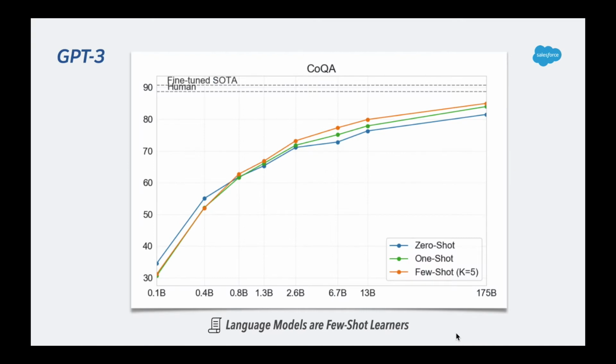Take a look at this plot from the OpenAI paper on GPT-3 in May. It's astounding that their model achieves near human performance at around 100 billion parameters in terms of accuracy on this CoQA data set. It's some sort of free-form conversational question-answer set.